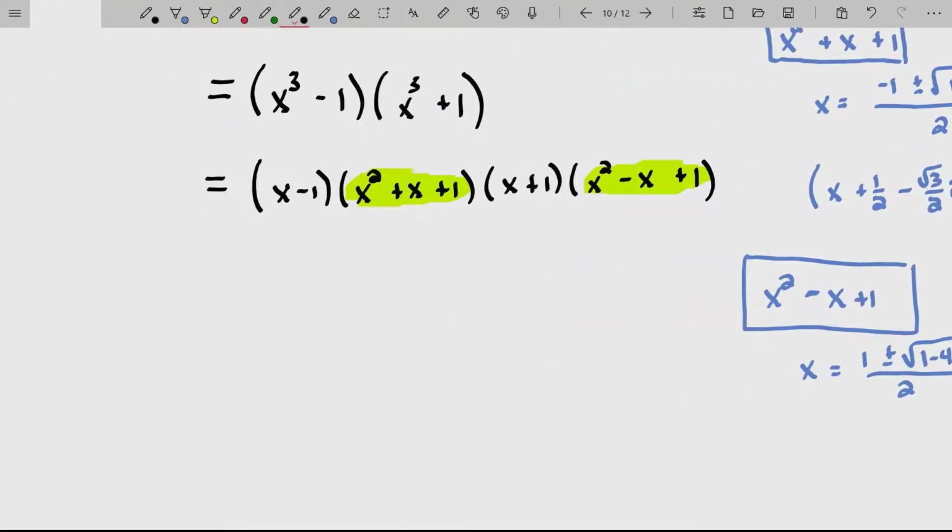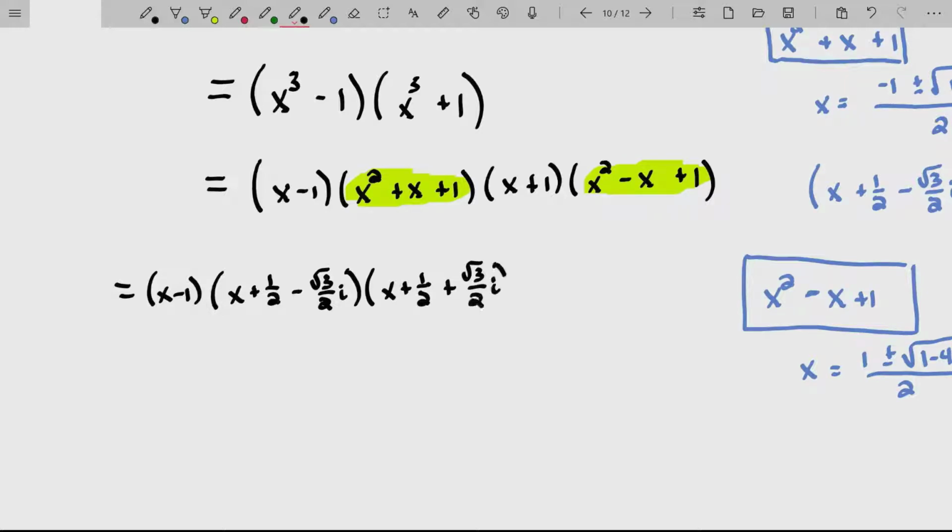So I'm going to go ahead and write out the full factorization here. This is equal to, we have an x minus 1, and then our factors were x plus 1/2 minus root 3 over 2 i, and x plus 1/2 plus root 3 over 2 i.